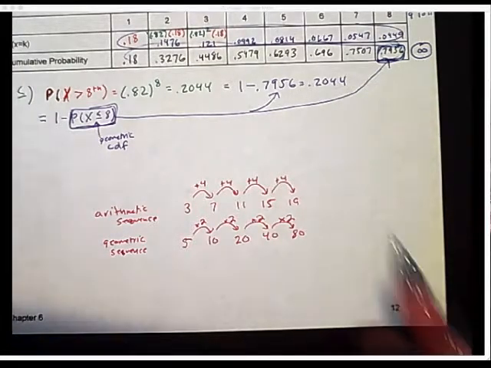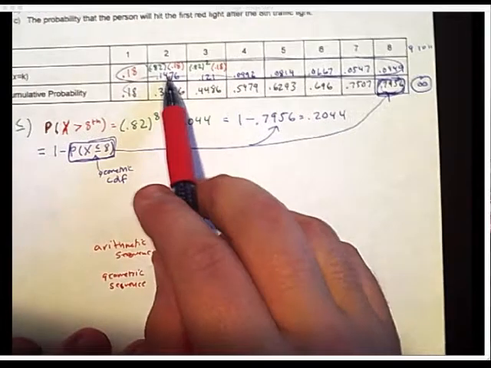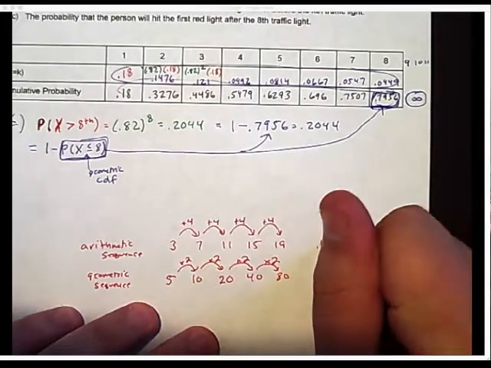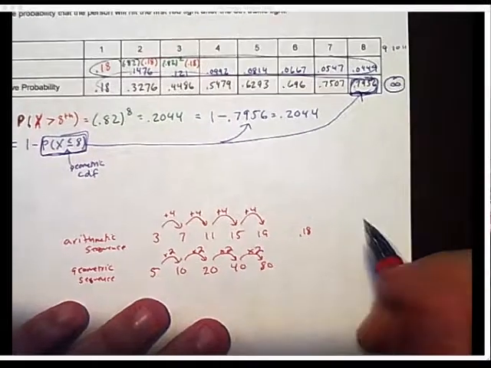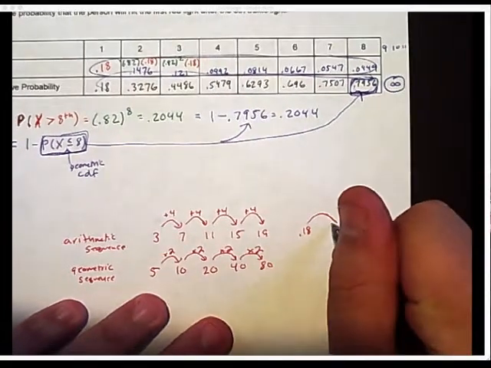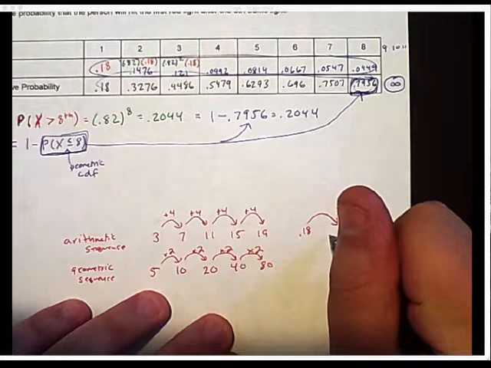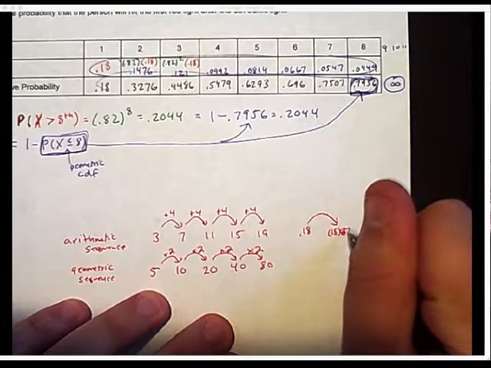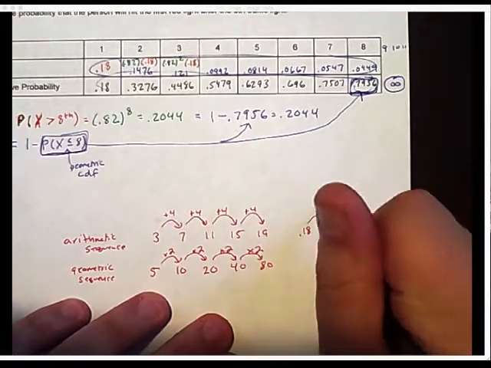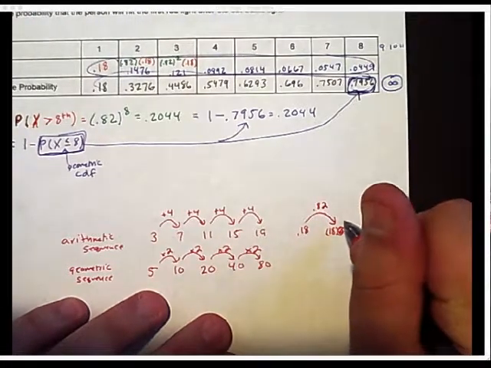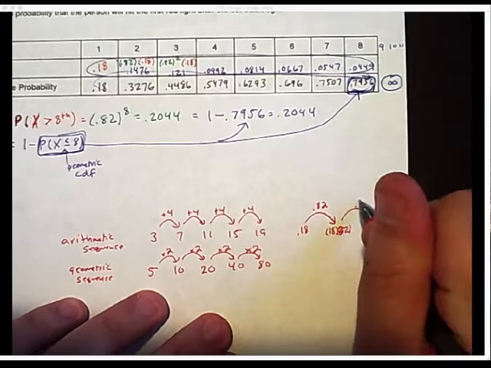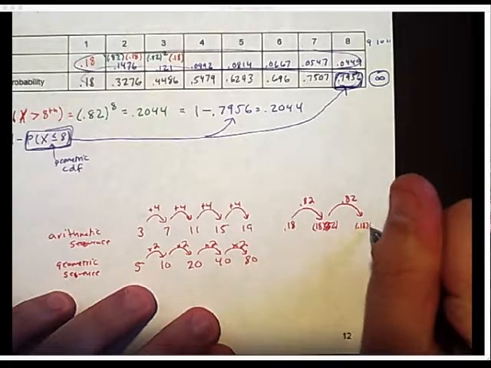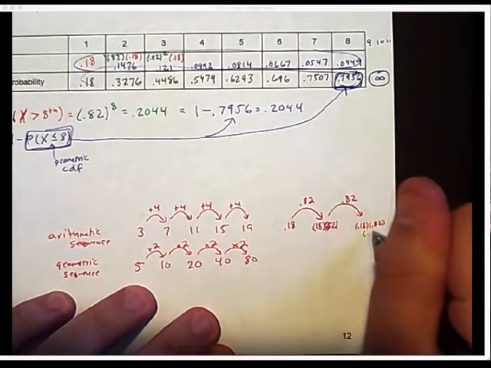So the reason why this type of distribution is called geometric is because we start with 0.18. And then what we do is 0.18 times 0.82. So we multiplied this by 0.82. And then we took that result and multiplied it times another 0.82. So we got 0.18 times 0.82 times another 0.82.